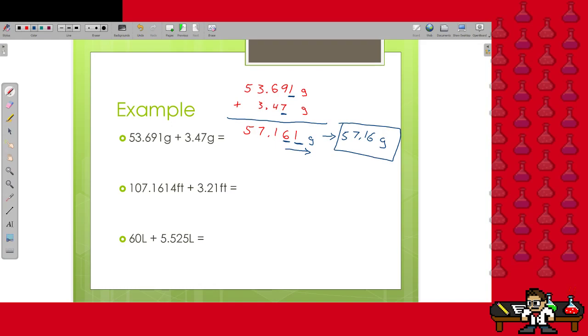Same thing for the second one here. Rewrite my problem vertically so it's a little bit easier to see. 107.1614, this time feet, plus 3.21 feet.